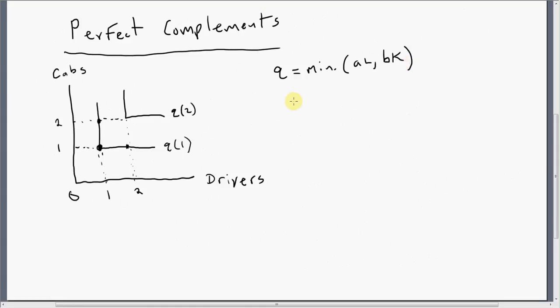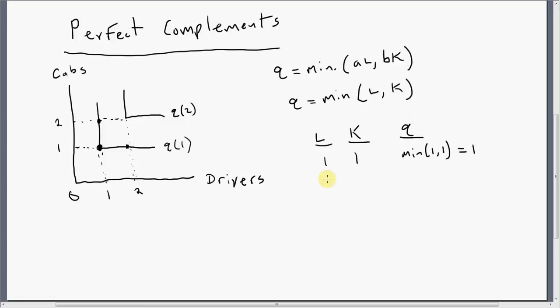So describing what I have in the diagram, the production function would simply look like this: the minimum of L or K. So if we plug 1 and 1 into the production function, the minimum of 1 and 1 is just 1. Our output is 1. If we plug 2 and 2 into the production function, the minimum of 2 and 2 is 2.